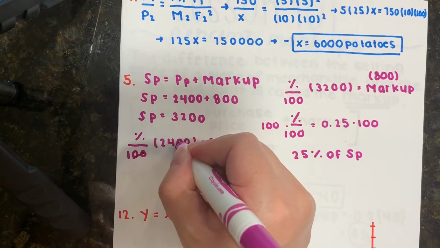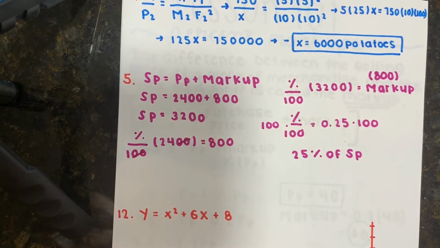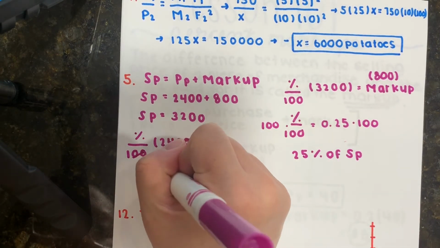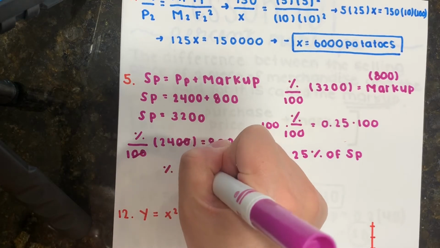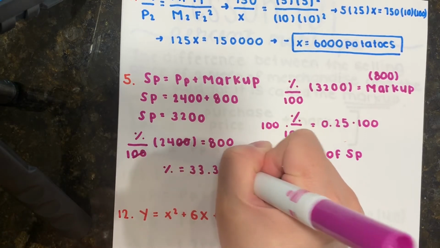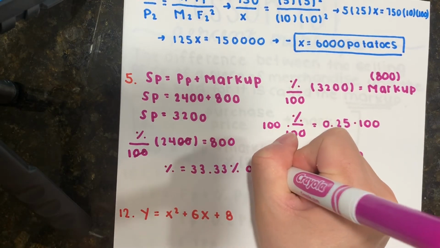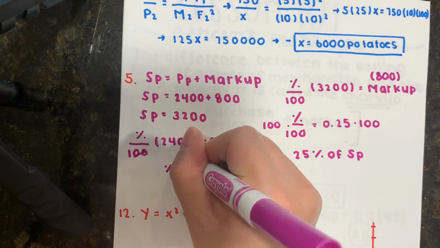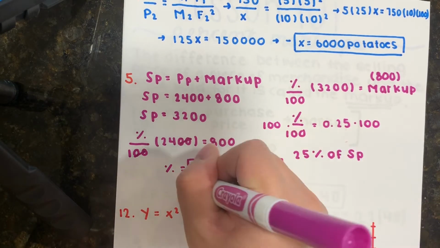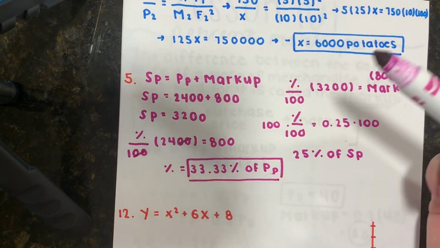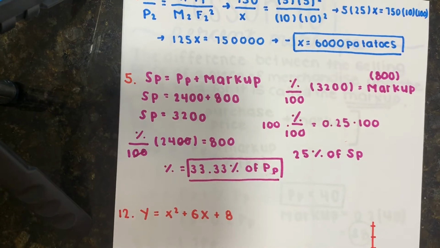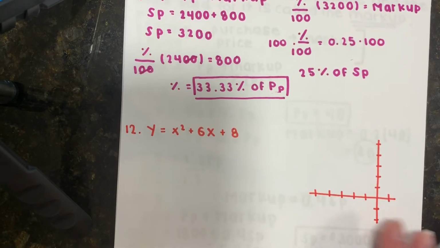Well, these zeros would cancel, so really I could divide 800 by 24, and that would give me the percent is equal to 33.33%, and that would be of the purchase price. So that problem was a little bit confusing. I did get a little confused. So we had to solve for the selling price still, and then we just needed to find our percents of our markups.